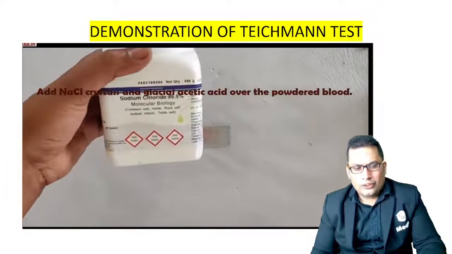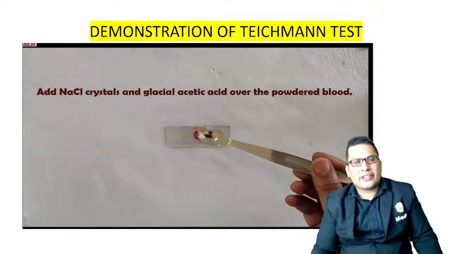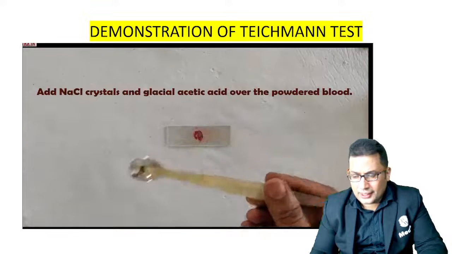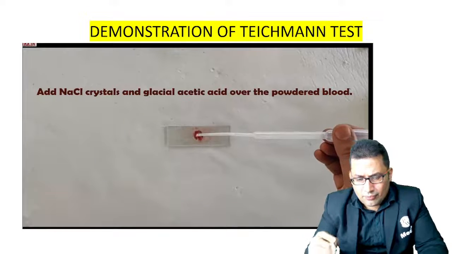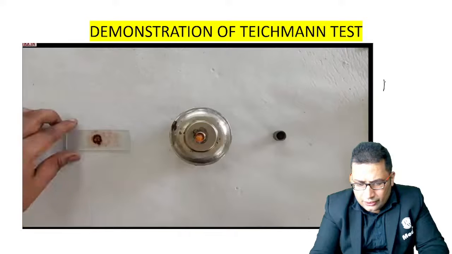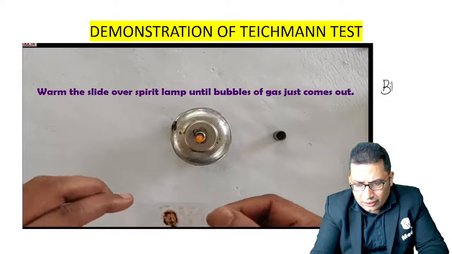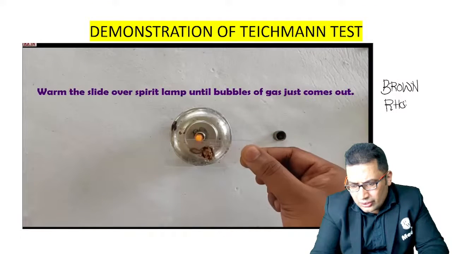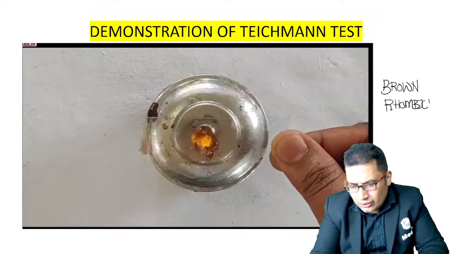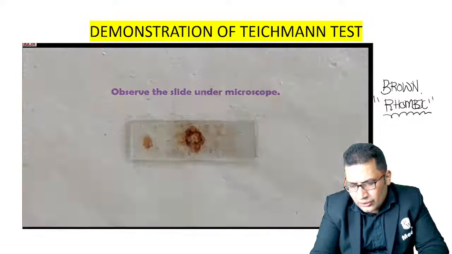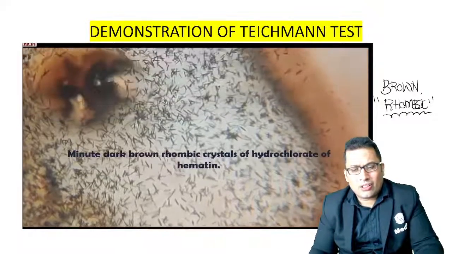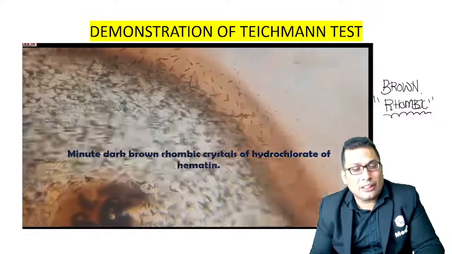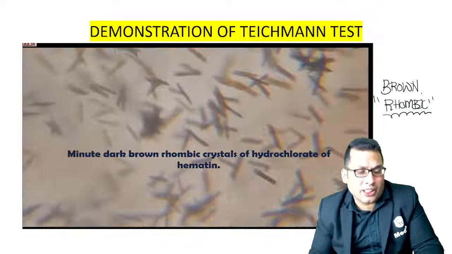Then add NaCl crystal and glacial acetic acid, and heat it. It gives rise to brown rhombic crystals. Observing under the microscope, you can see brown rhombic crystals of the Teichmann test. It's one of the confirmatory tests for blood stain.